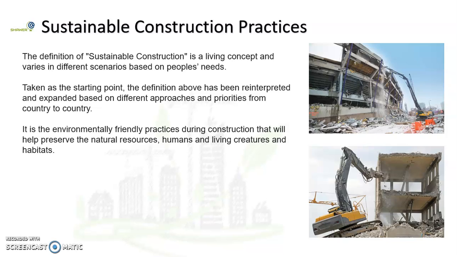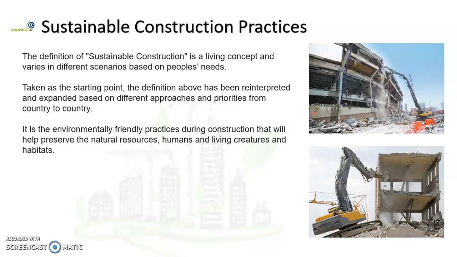The last thing today is sustainable construction practice, and this term is very important. I just want to say that sustainability in general has three phases: the design phase, the construction phase, and the operation phase. Sustainable development, sustainable building, meaning sustainable design, sustainable construction, and sustainable operation.